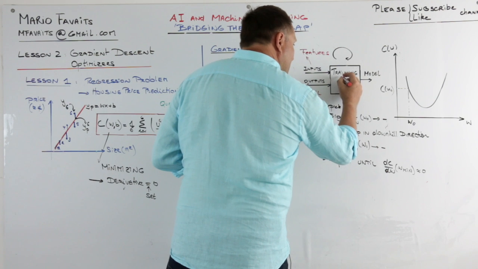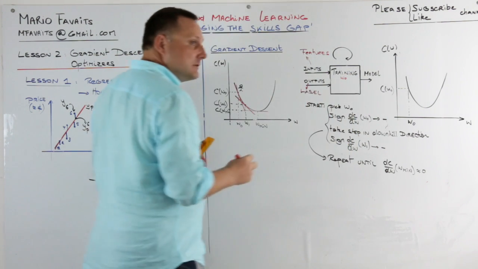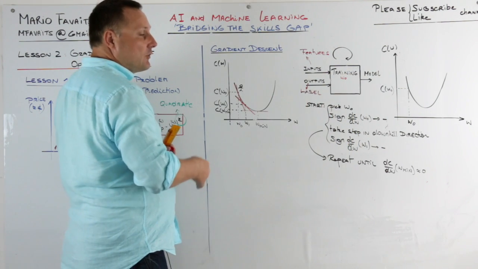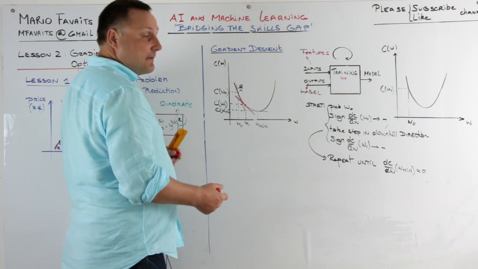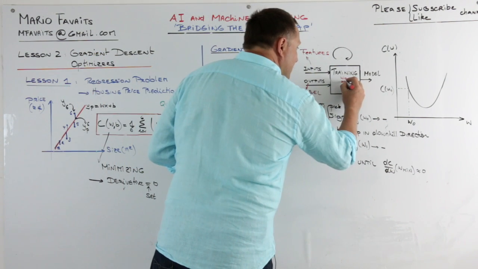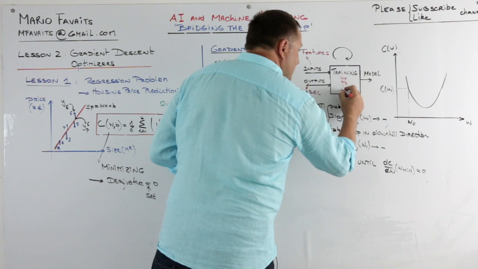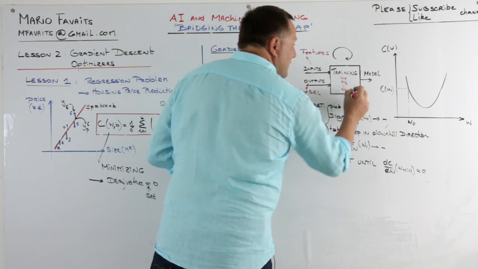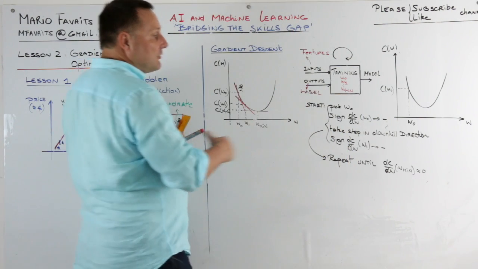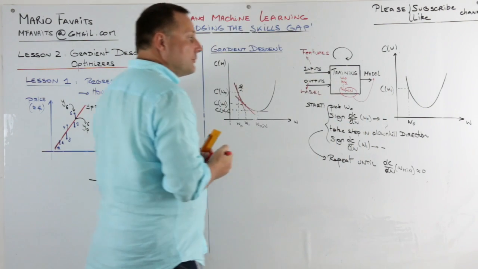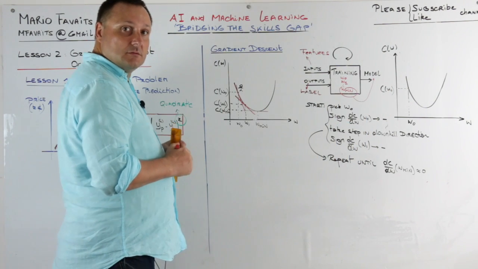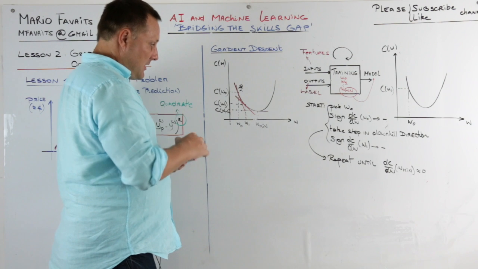So the training is actually exactly what we're doing here. We pick first a W0. Yeah, we look at the sign of the derivative. If negative, we're going to take a small step. Then we have W1 all the way down to when we reach W minimum, and when we found W minimum, that is when the computer will output the model. Okay?